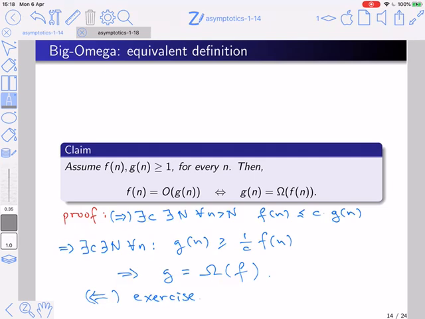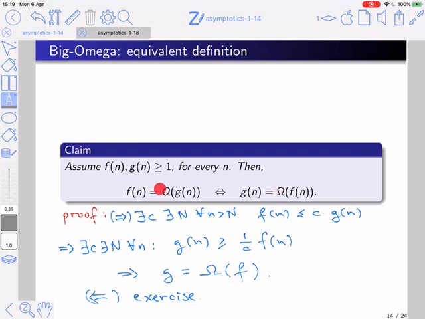Another way to define big omega using big O is as follows. f of n is big O of g of n if and only if g of n is big omega of f of n. Okay, so let's prove it. Let's prove that if f is big O of g, then g is big omega of f.